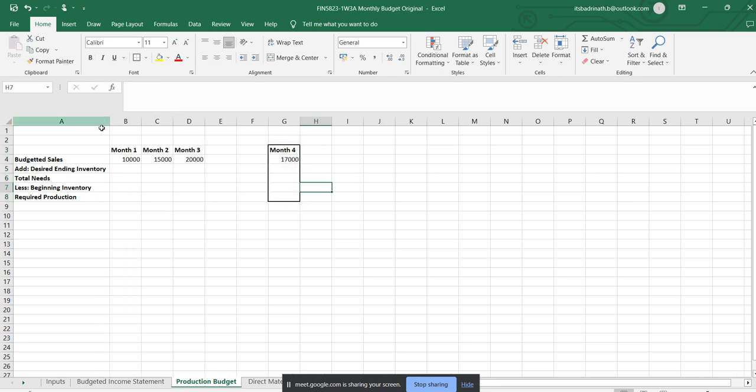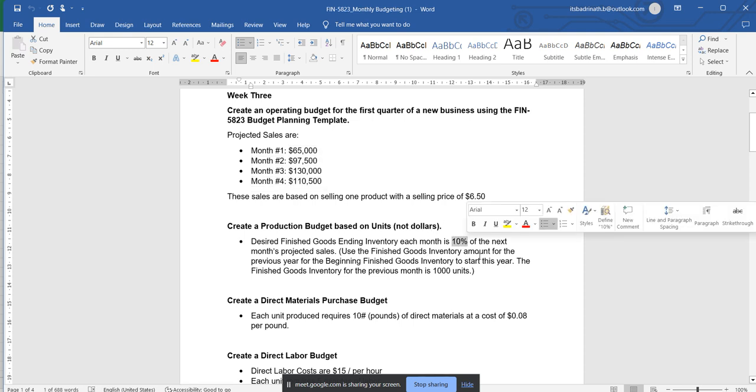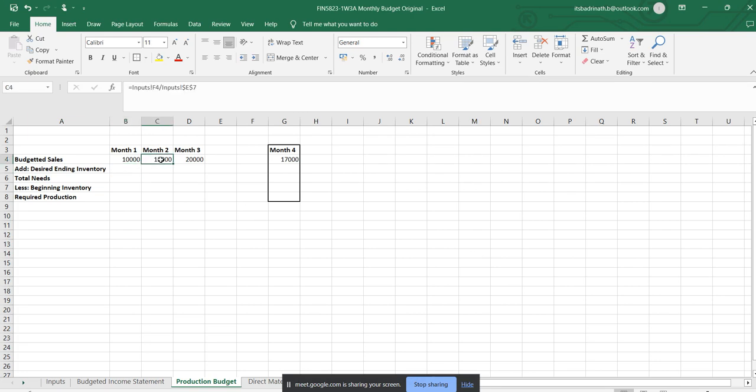Now the desired ending inventory. What will be the desired ending inventory? For month one, according to the content given here, 10% of the next month's production will be this month's inventory. So in this value, 10% will be the desired inventory.